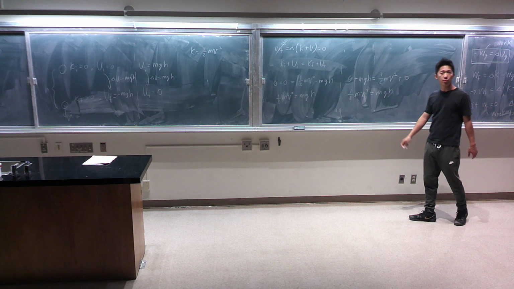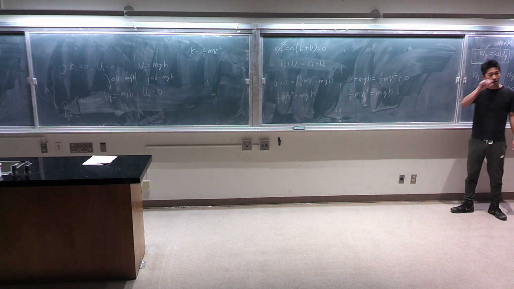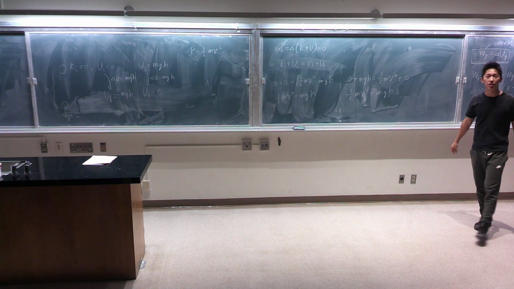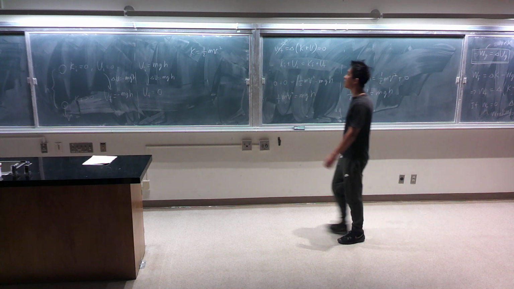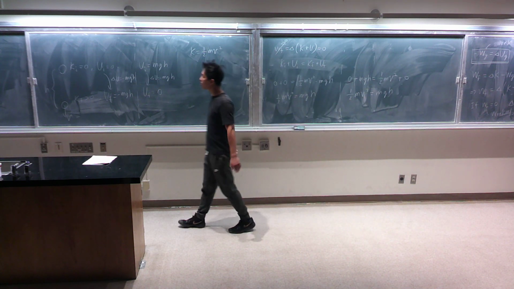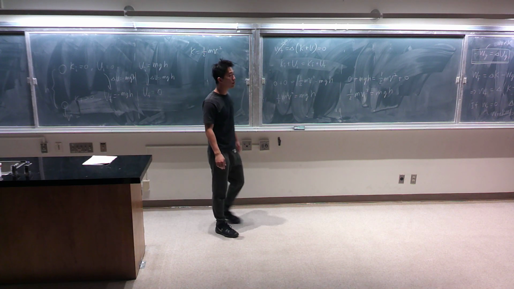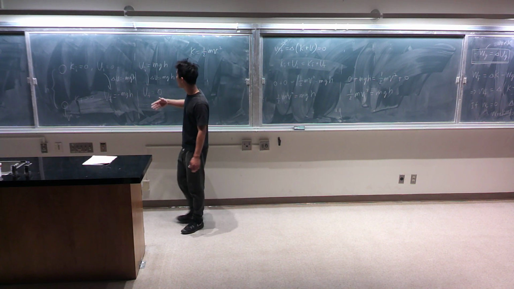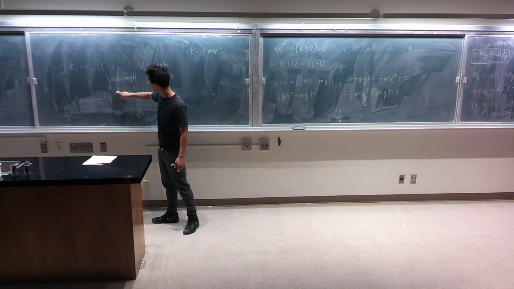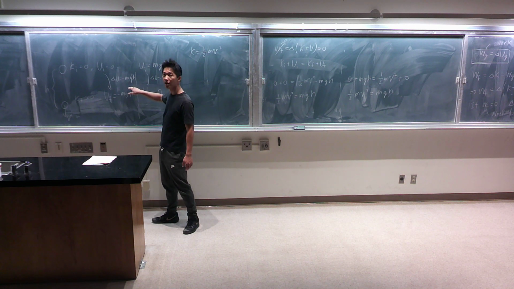So you see the result will be the same no matter where you set the 0 point of potential energy. The exact value of potential energy doesn't matter because only the change of potential energy matters. As long as you make sure that the potential energy down here is minus mgh smaller, you'll get the same answer.